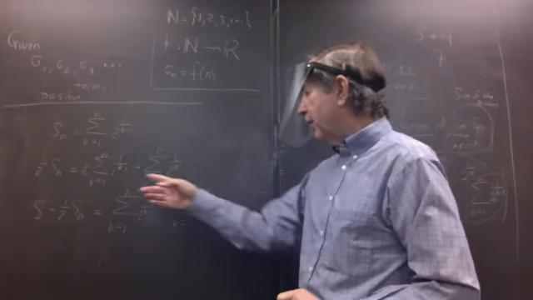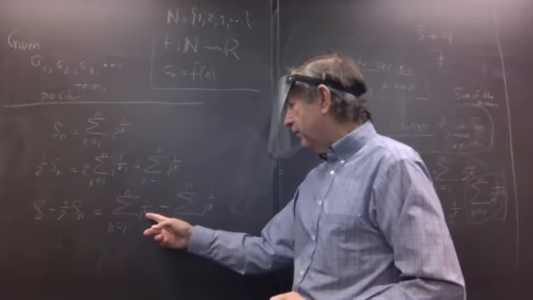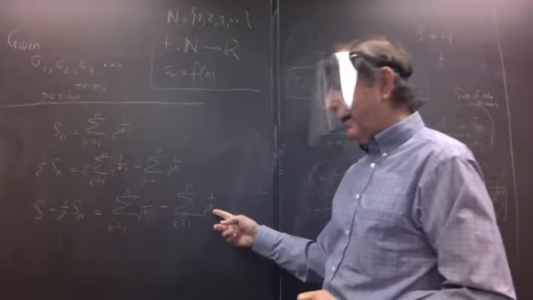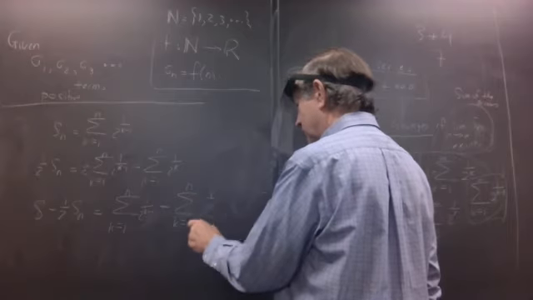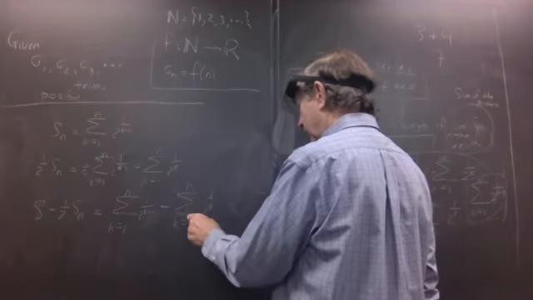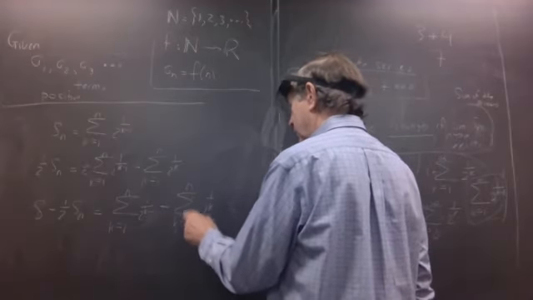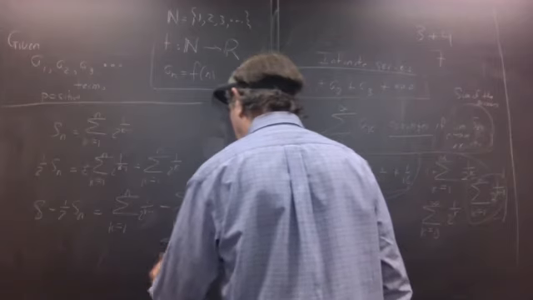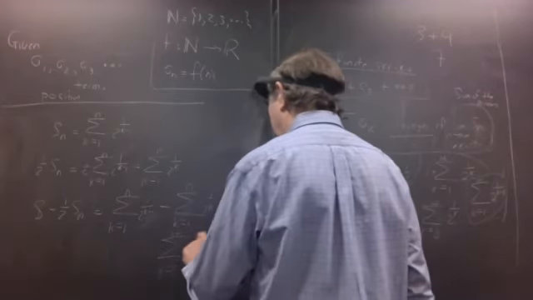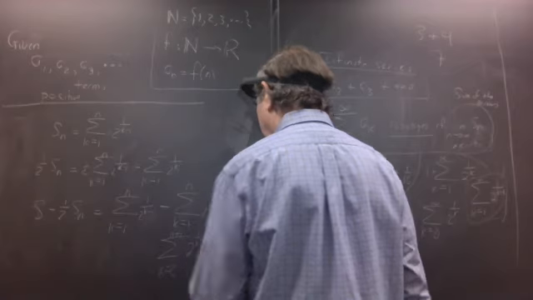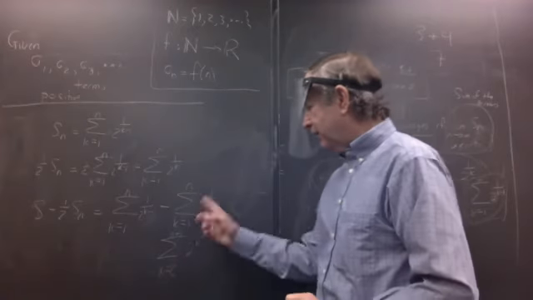They both go from 1 to n, but this is 2 to the k minus 1, and this is 2 to the k. Now, if I change the meaning of the index and rewrite this as k from 2 to n plus 1 and decrease the meaning of the index over there, I get the same thing.